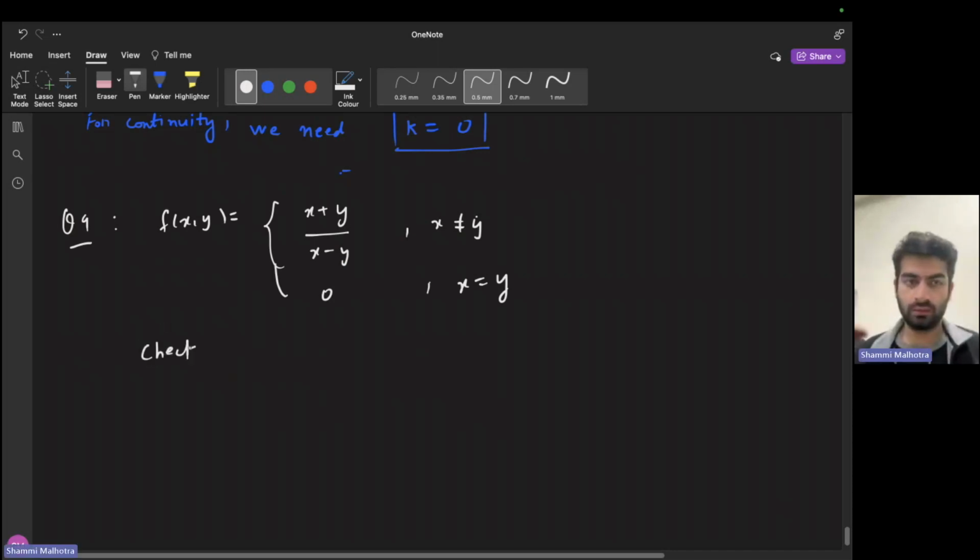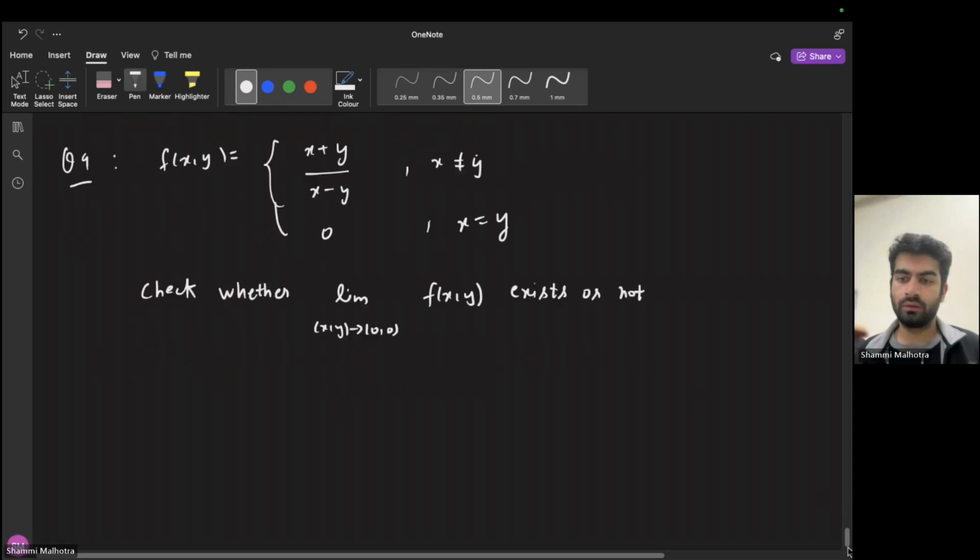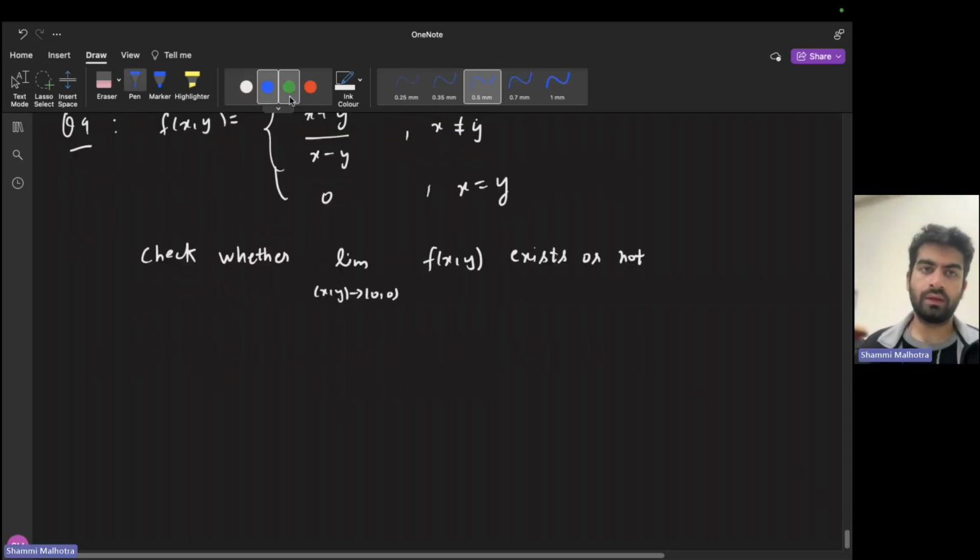So let us check whether the limit as (x,y) tends towards (0,0) of f(x,y) exists or not. This time, the rule of thumb which I stated earlier in this tutorial session is that if the numerator degree is more than the denominator degree, then we can ensure that the limit will exist.